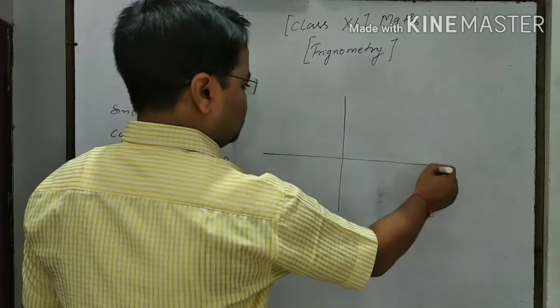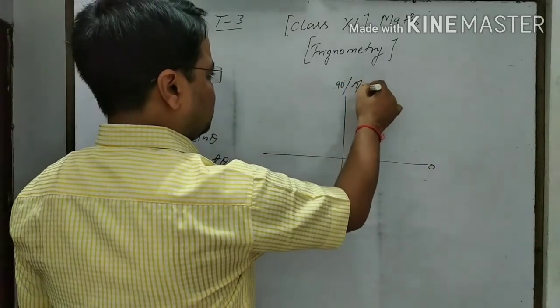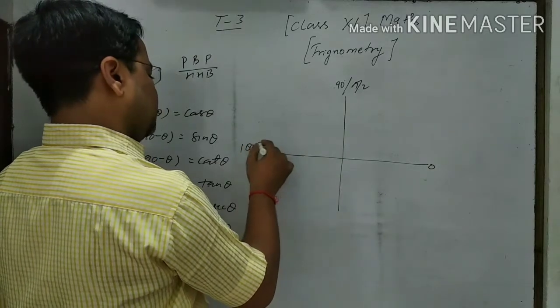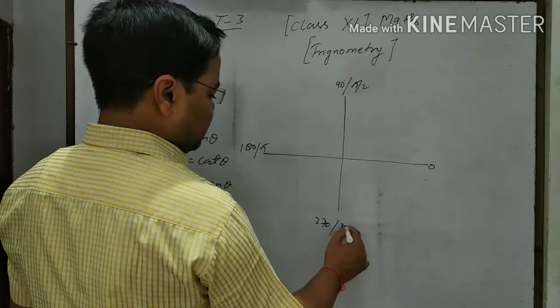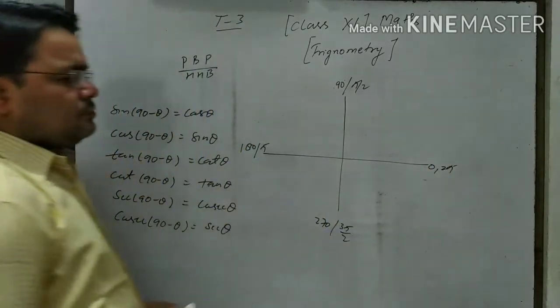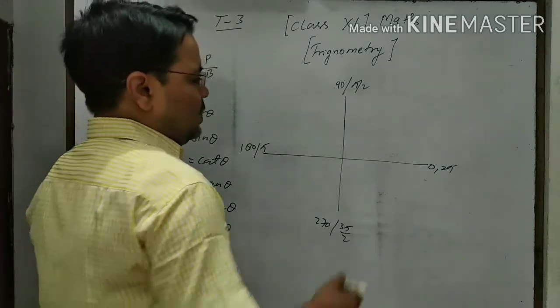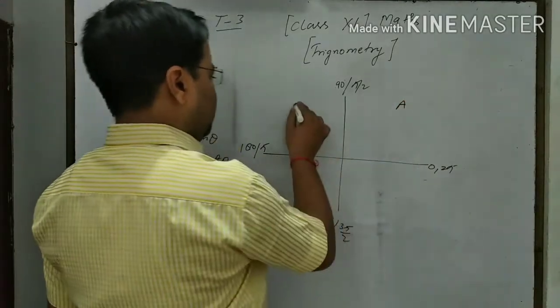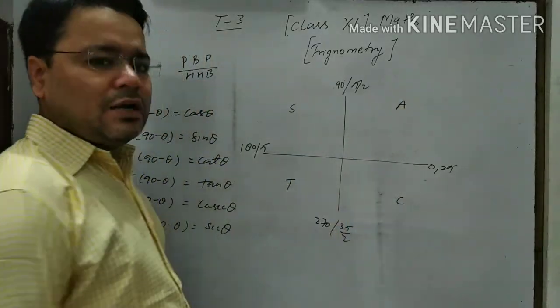Here this is 0 degree, 90 degree, or we can write here pi by 2, 180 degree, or we can write pi, here 270 degree, or we can write 3 pi by 2, and again here 2 pi. Okay. And in our previous discussion I also mentioned A, S, T, C. A for all positive.